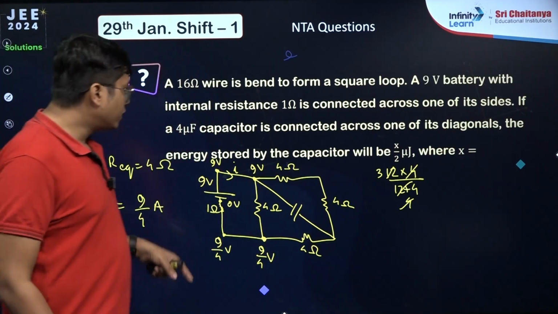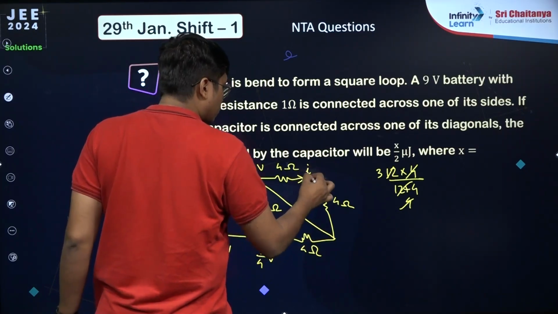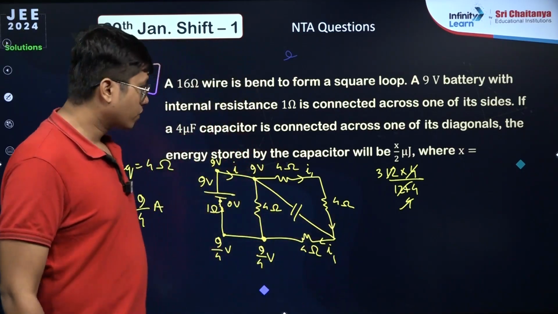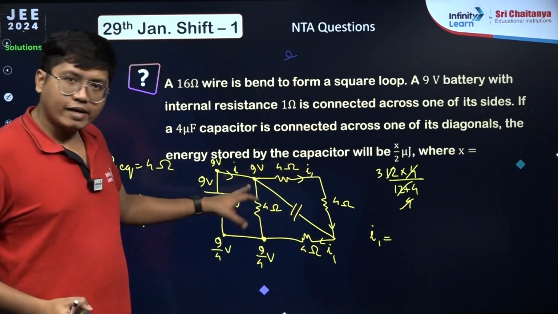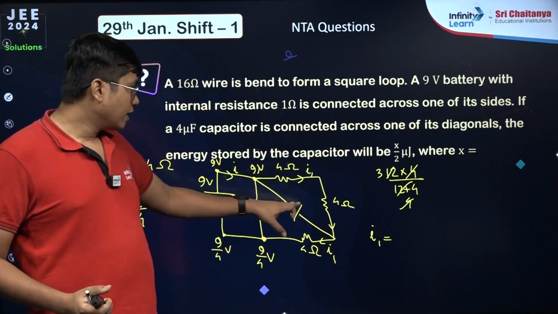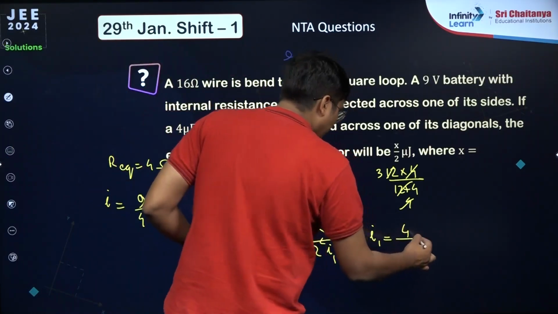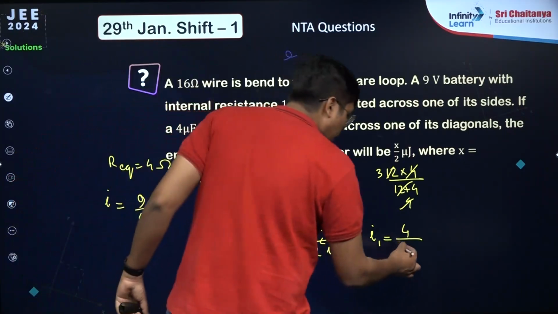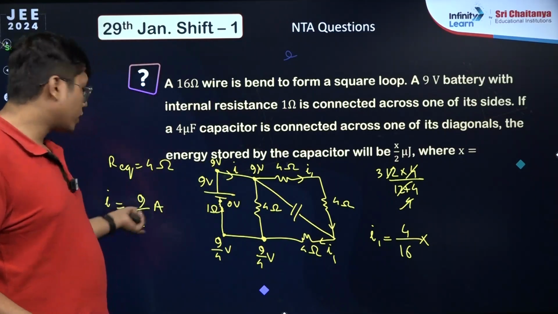Now let's find out what is the current that flows in, say, this part of the circuit. Let's call it I1. Same current will flow through this part. What is that I1? In a parallel network, the current through one path is equal to the resistance of the other path, so 4, divided by the sum of the total resistance, so 4 plus 12, so 16, multiplied with the main current, which we had got as 9 by 4.